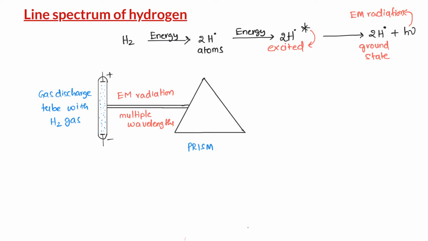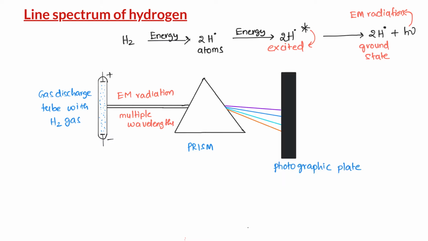We pass this electromagnetic radiation through a prism. As we learned earlier, the prism separates the electromagnetic radiation into individual wavelengths. We then expose the light coming out of the prism onto a photographic plate or recorder.